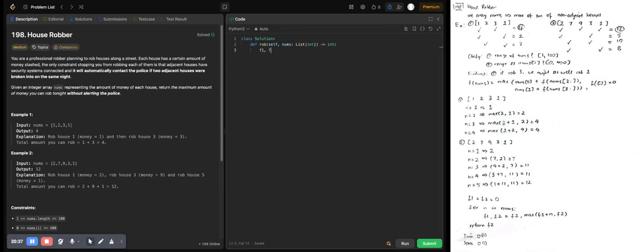Now F1 and F2, actually let's call it pref1 and pref2 equals 0.